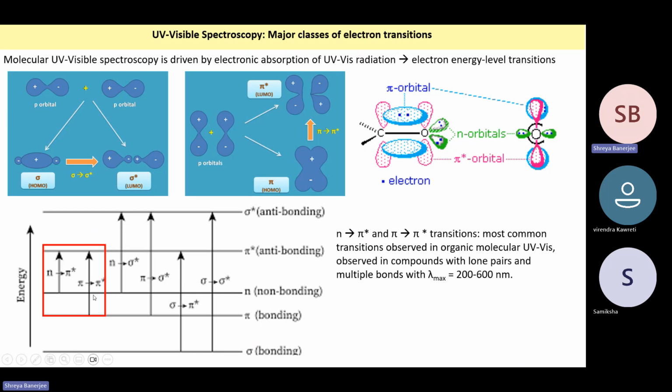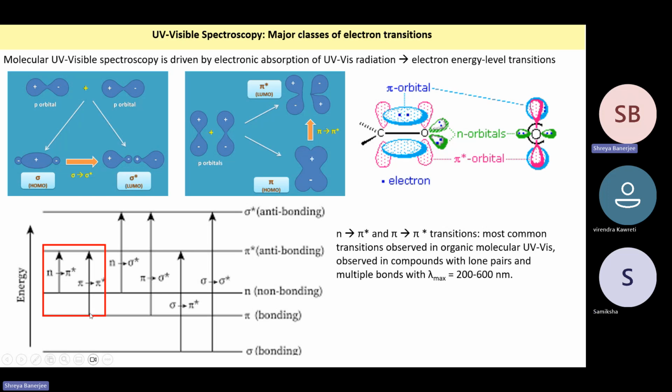The probability of transition is basically dependent on the molar extinction coefficient. Because the molar extinction coefficient of these two is high, these two are the main transitions observed. These other transitions, if you calculate, again, I'll show you the table later, the molar extinction coefficients of the other absorptions are low. So the net absorbance intensity is also low, and the other transitions become less important.